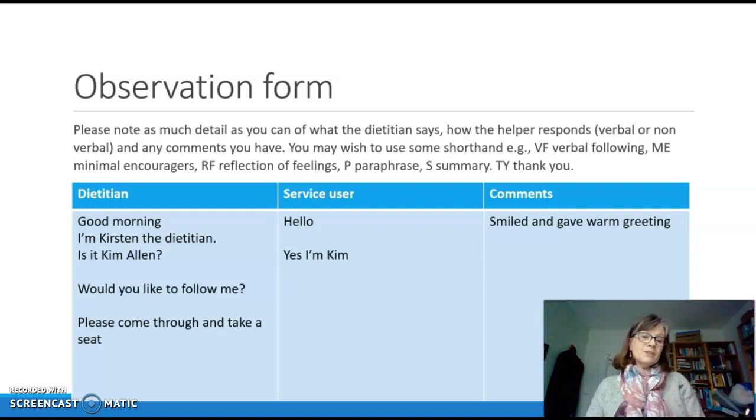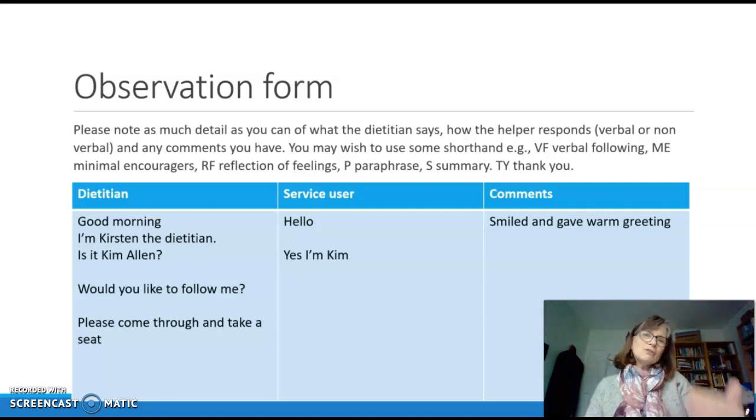For the service user words, as a service user begins to tell their story, you can just note down some key words. They might be single, they might have been diagnosed a year ago, or might live alone, or be struggling with something. So you might just write lives alone, struggles.